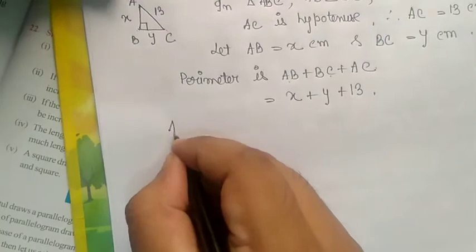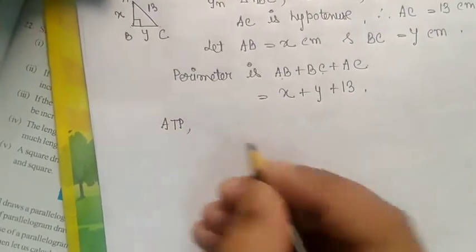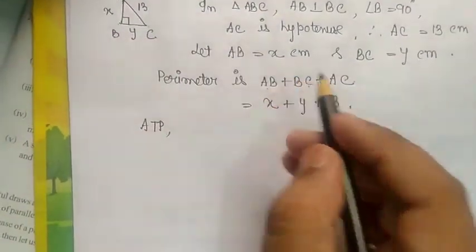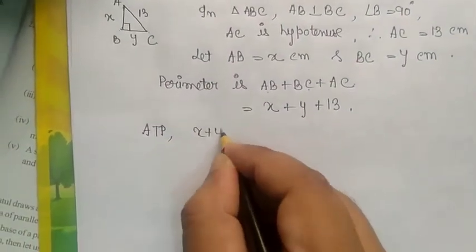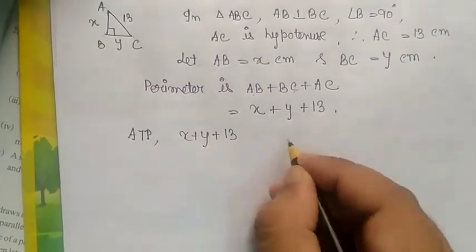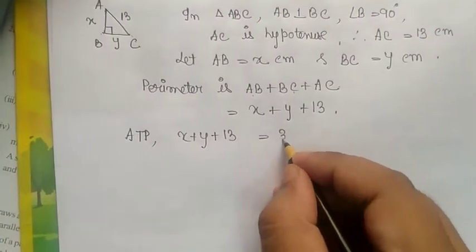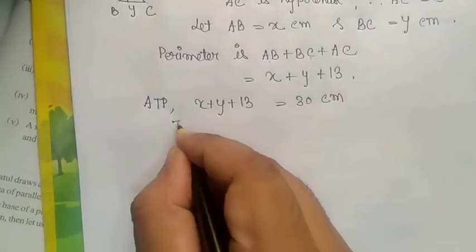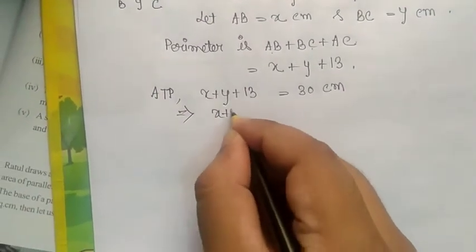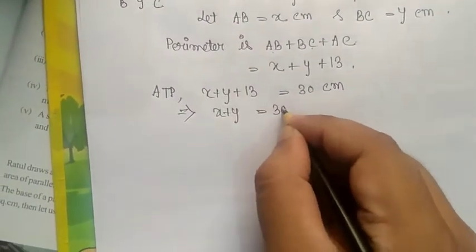Now according to the problem, we know that perimeter is 30 centimeter. So x plus y plus 13 equal to 30 centimeter, or x plus y equal to 30 minus 13.